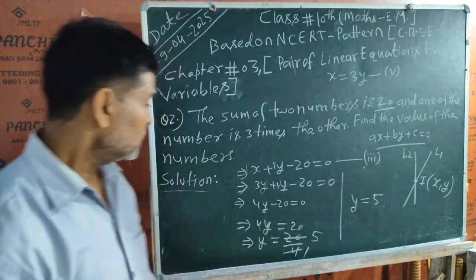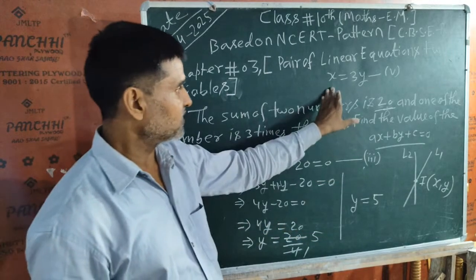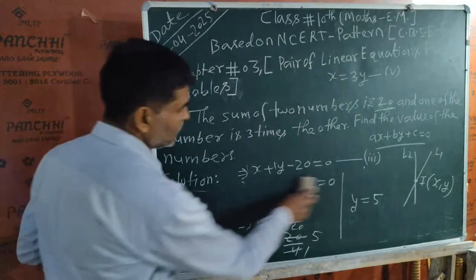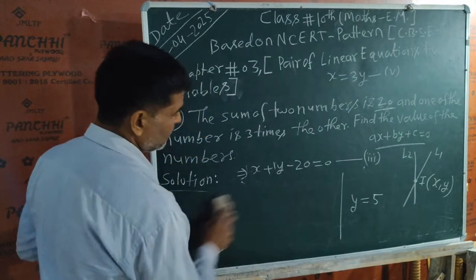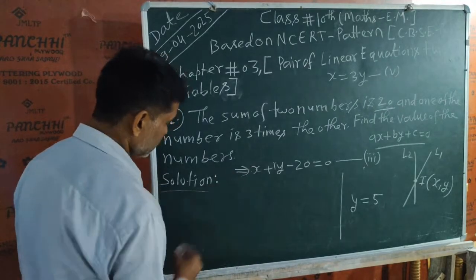Now further I am going to erase this one, and I will evaluate the value of x from equation number 5. Okay, student. So I am erasing this one. Again I will write here one statement.